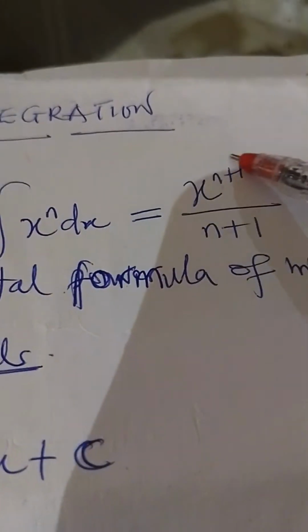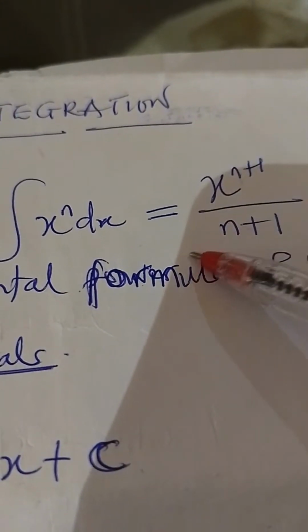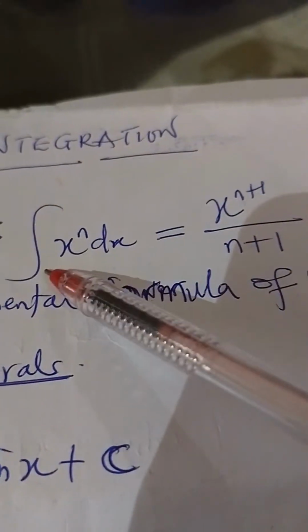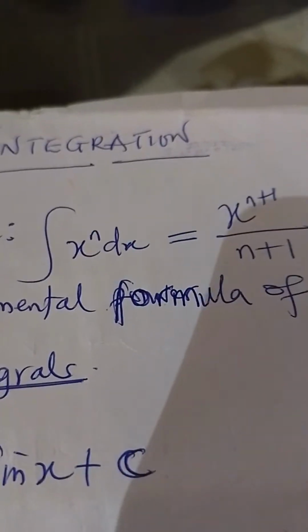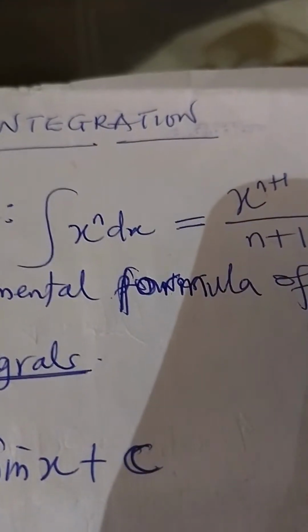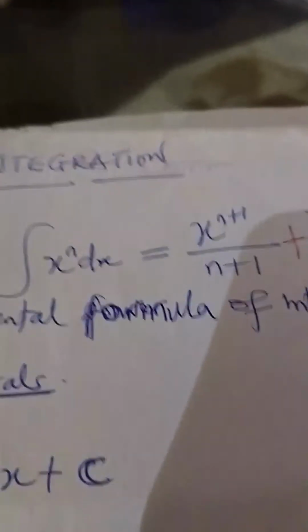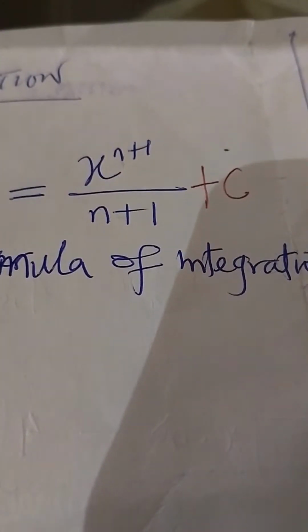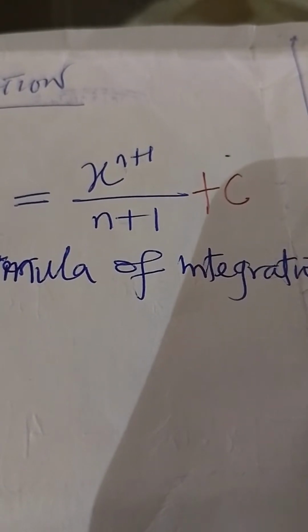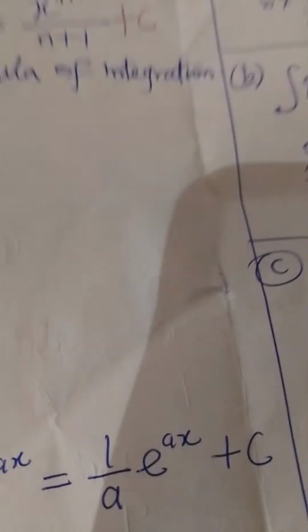Then use everything to divide the function. Then you add plus c. That means you have solved the function, or that is the fundamental formula for the integration.